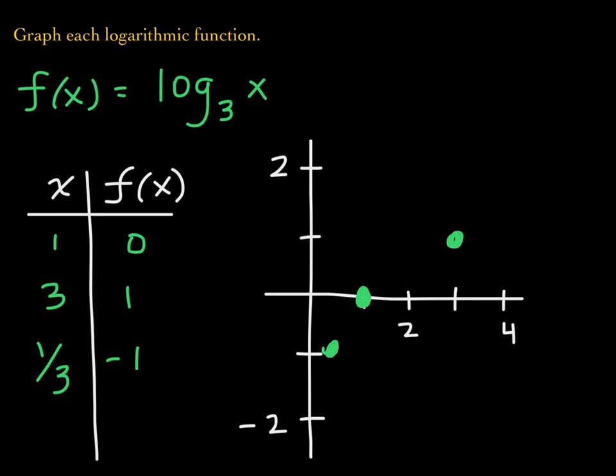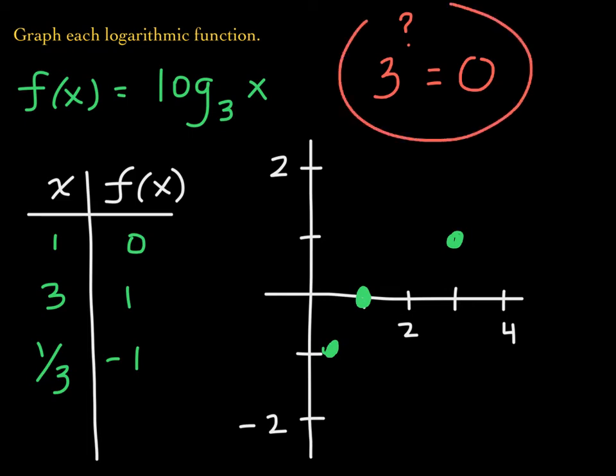what we also know to be true is that no matter what you raise your base to, you will never get 0. This will never happen, right? No matter what you raise 3 to, you'll never get 0, right? So this curve will get infinitely close to x equal to 0.